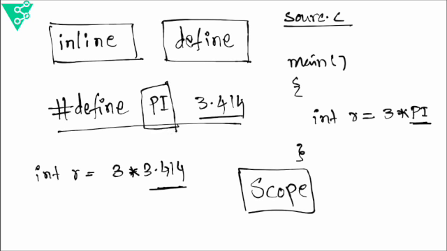If it is in a header file, whoever includes the header file can access this pi. I can't bind a scope to it. Therefore, there is a tendency to use it incorrectly. A programmer who is working remotely might think this is some other value and can use it. I can't restrict this to be used only by a set of classes or only one class.